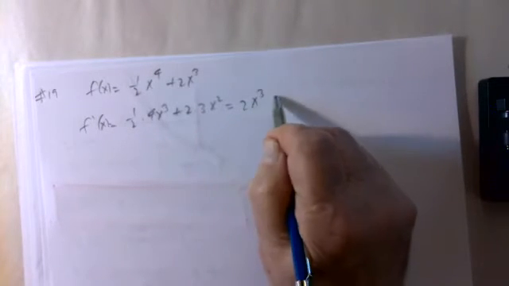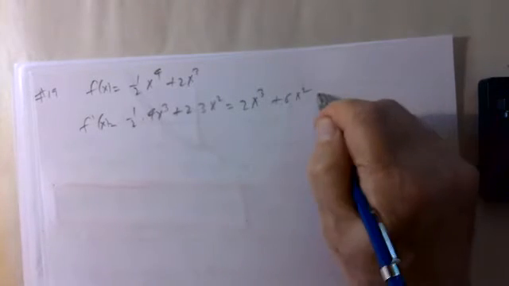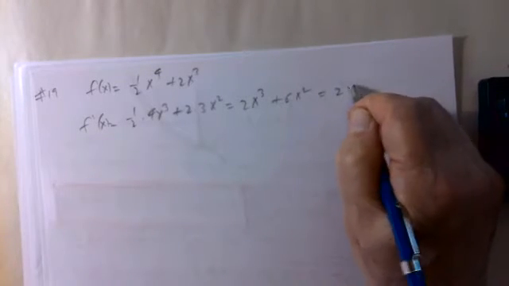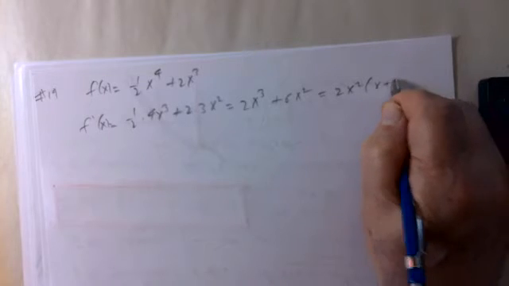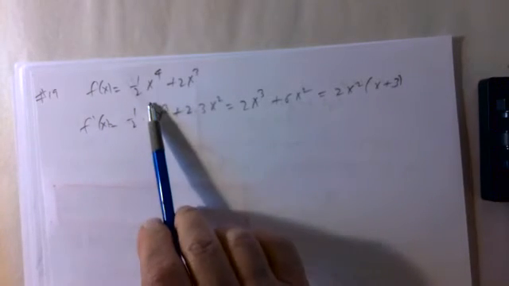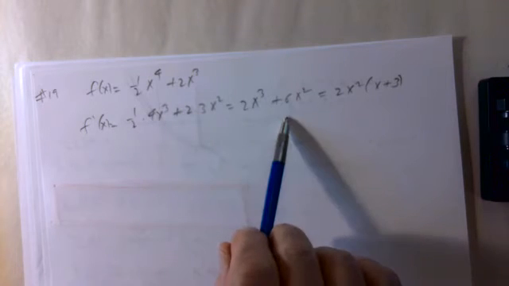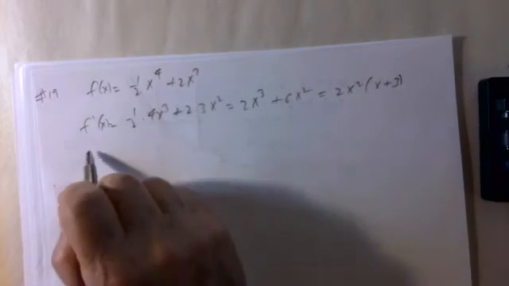So that's 2x cubed plus 6x squared. This is 2x squared times x plus 3. If I factor out 2x squared, I get x plus 3.